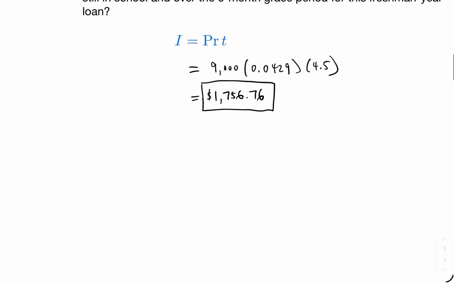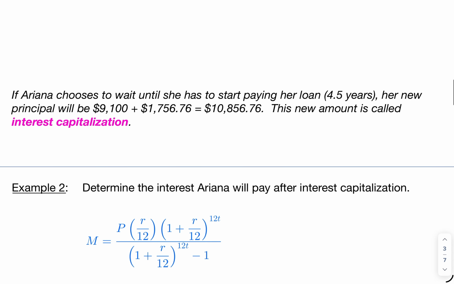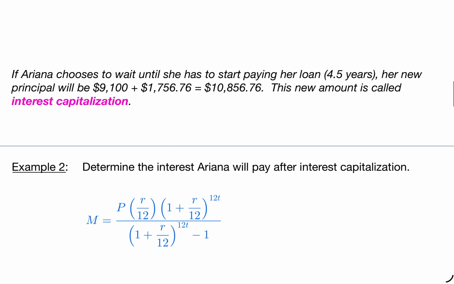Now, example 2 asks the following, but before we go to that, we need to go over one other scenario that's happening after example 1. Assuming that Ariana chooses to wait until she has to start paying her loan, her new principal amount will be the amount that she borrowed, which is $9,100, plus the interest that we just calculated.